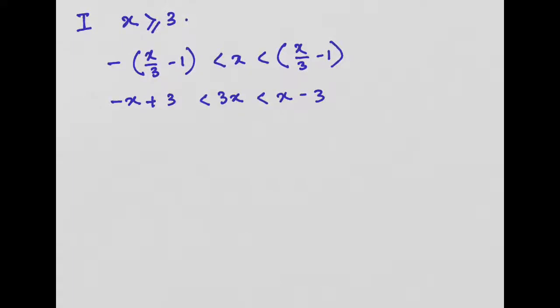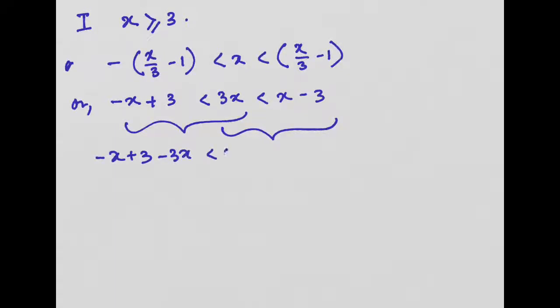Now in a similar manner, I will take this as one inequality and this as another inequality and solve them. So first solving this side, taking this minus x plus 3 minus 3x less than 0, I am having minus 4x plus 3 less than 0.